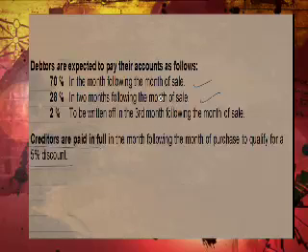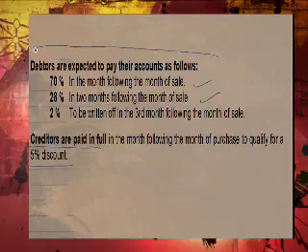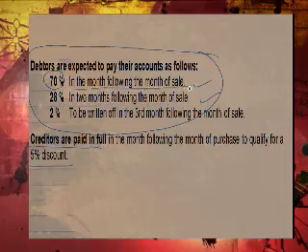Very important. Let's look at the provisos. How are my debtors paying me? Here's the expected collection from my debtors. 70% in the month following the month of sale, 28% 2 months after the month of sale.